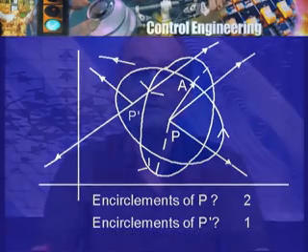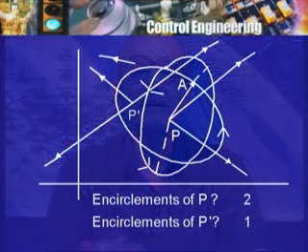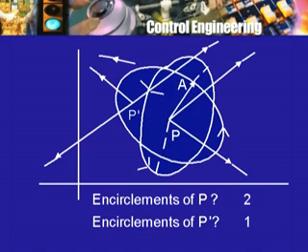Now, there is a way of finding this out which is sometimes useful, and that is the following. From the point P dash or P or whichever point around which you want to calculate the number of encirclements, draw what is called a ray or a half ray. That is, draw from it just a line which goes away towards infinity.